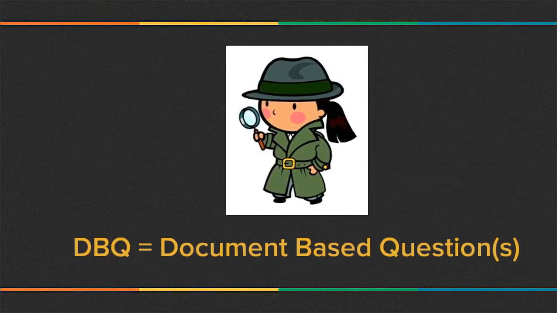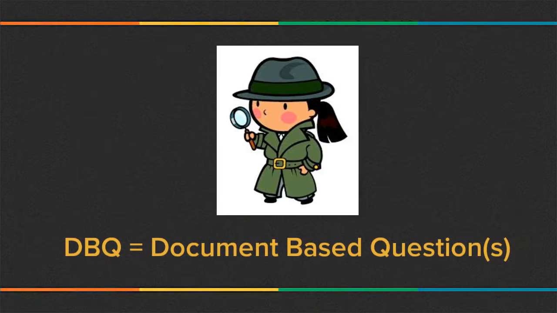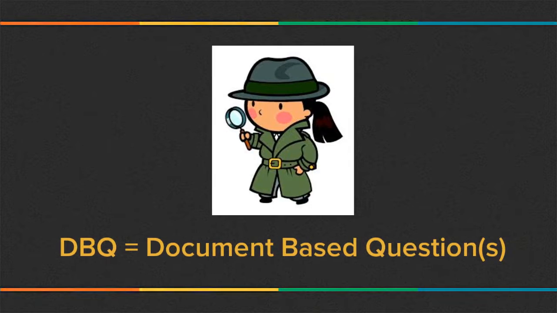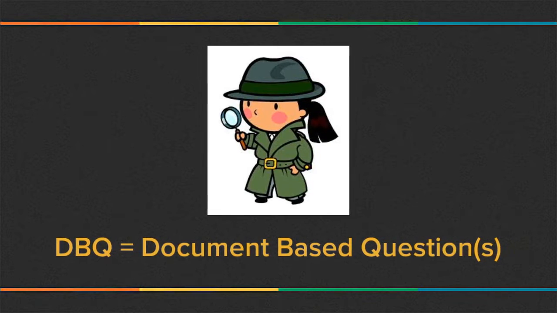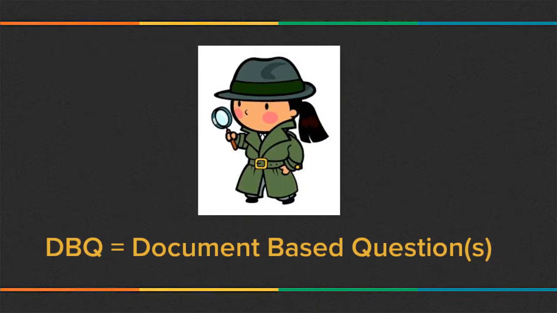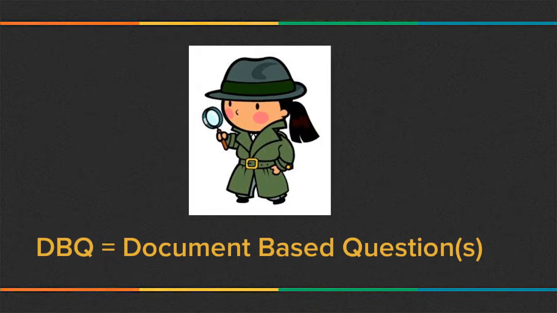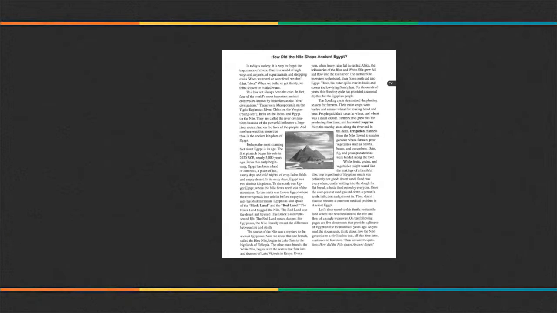In our historical detective work, we get to look at a variety of evidence from different sources that will help us discover what we think really happened in history. We have DBQs, or document-based questions, that will help us analyze these different pieces of evidence.